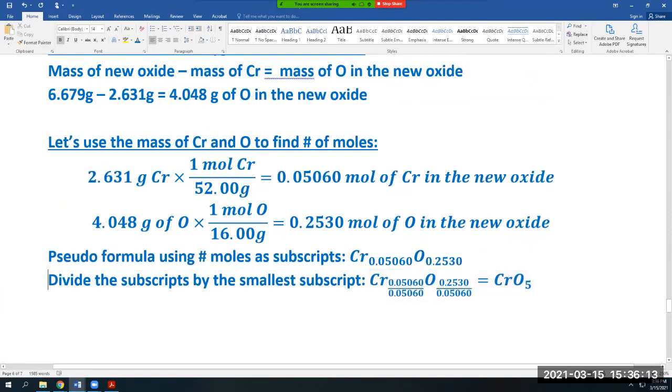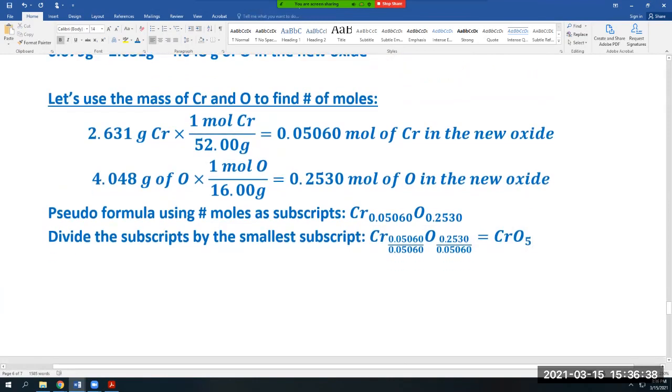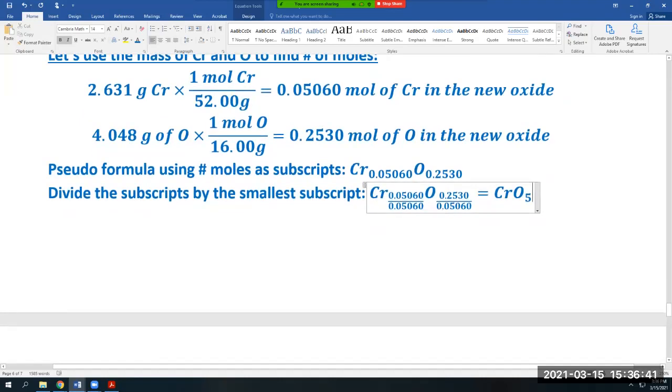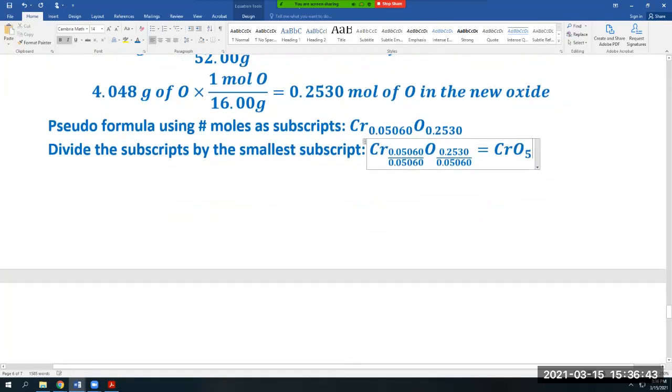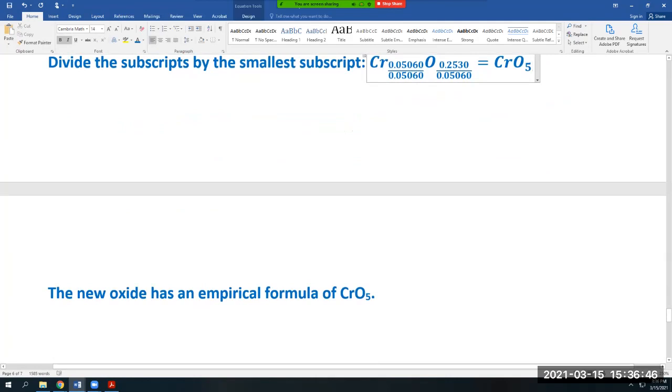And then when you do 0.253 divided by 0.05060, it's a subscript of 5 for oxygen. And those, 1 and 5, are exact, are whole numbers. So then the formula can be left like this. So that means this is our empirical formula. We can write that the new oxide has an empirical formula of CrO5.